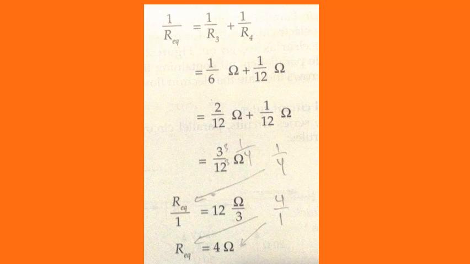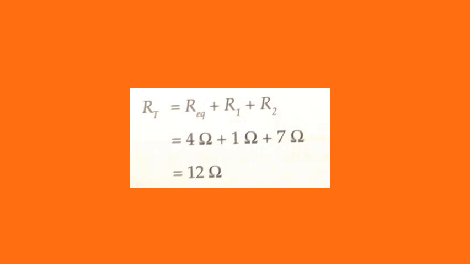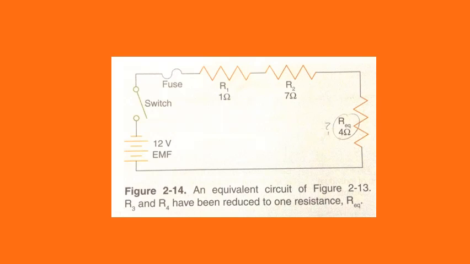We may draw a simpler equivalent circuit showing the equivalent resistance in series with R1 and R2, the one shown in figure 2-14. Now add this resistance to resistors 1 and 2 to find the total resistance. In this case, 12 ohms.